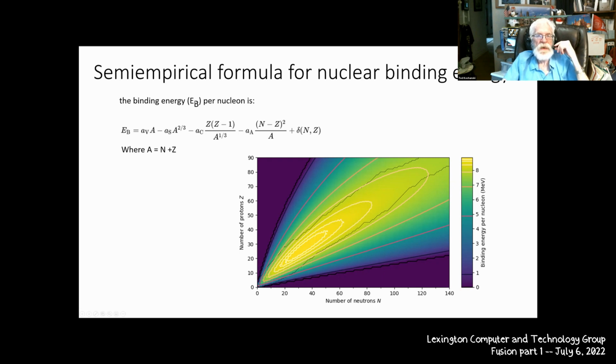So the typical binding energy per nucleon is this complex expansion where the first term is just the number of nucleons, neutrons and protons. The second term is the 2/3 power of that.